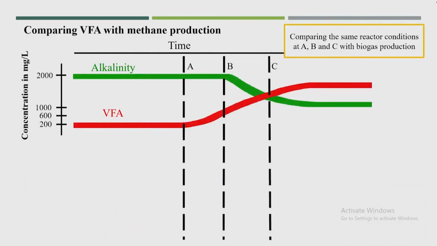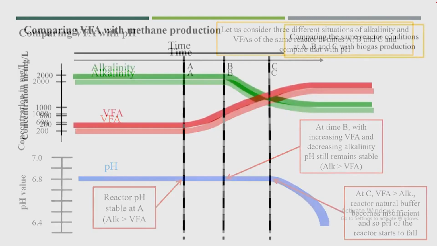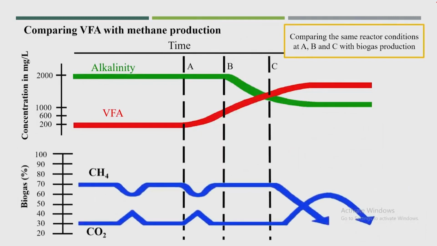Now, take the same example for gas production. Like we saw in the previous one, at this condition the pH has dropped, and with the same alkalinity and VFA conditions, how could methane production be possible? We also saw the methane production and carbon dioxide production.